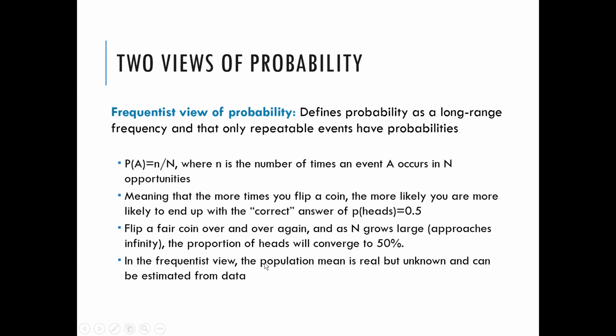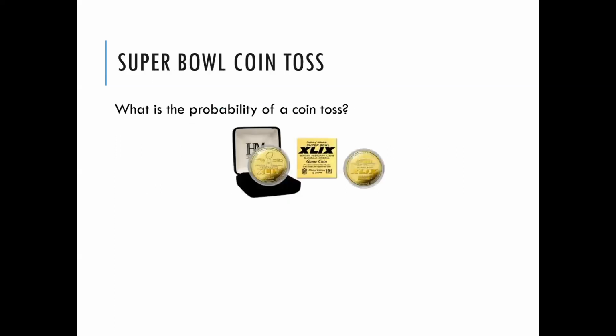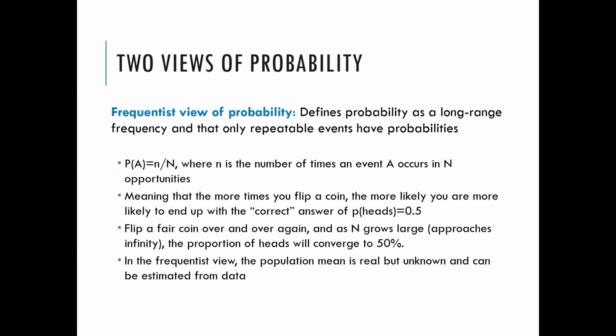In the frequentist view, the population mean is real, but it's unknown, but we can estimate it from data. So let me try to give an example of these, the second and third point.